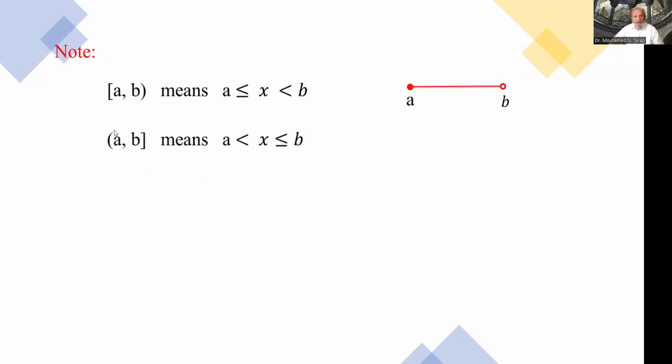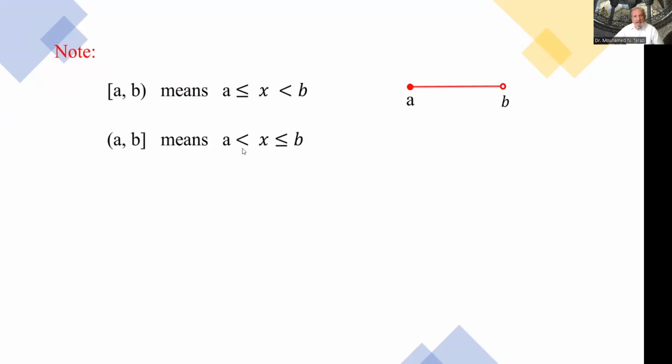Now we're going to have some notes here. This interval like this is the set of real numbers greater than or equal to a and less than b. So it's closed from the left, open from the right, and we use this for it. This one here is open from the left and closed from the right.